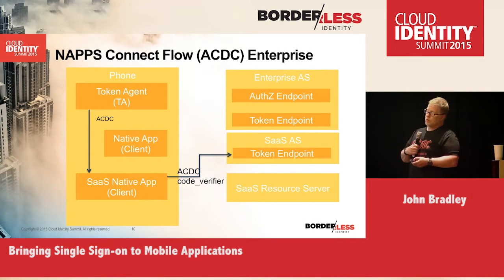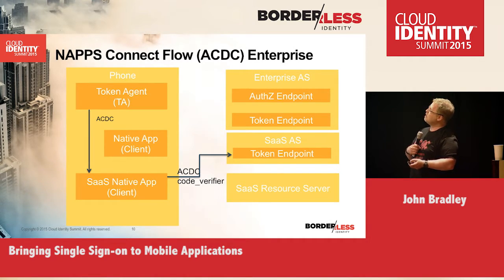So additional attributes about the user can be passed that can be encrypted, etc., as appropriate. It goes to the SaaS. The SaaS verifies that it was presented by the right application. The enterprise has validated, knows exactly what the binary of that native app is, so it can throw out apps that people ought not to be using, etc.